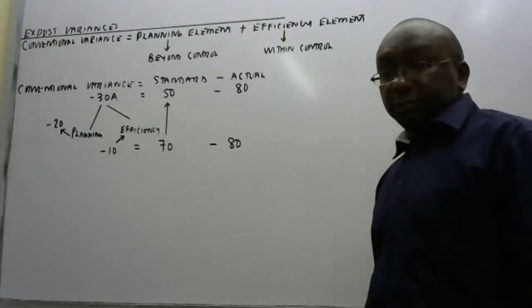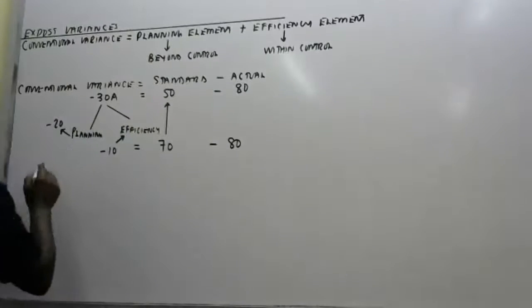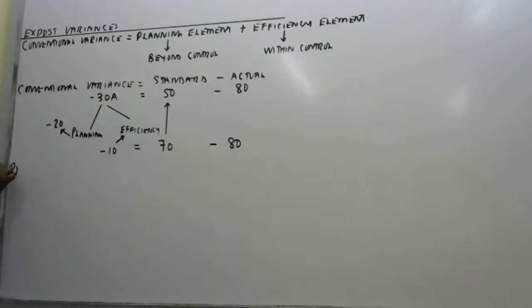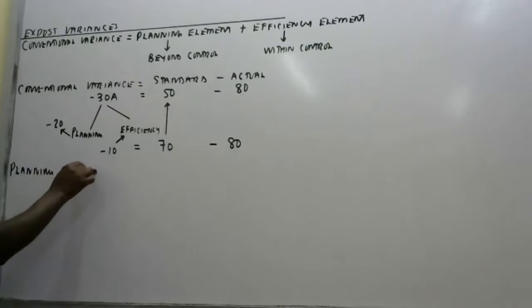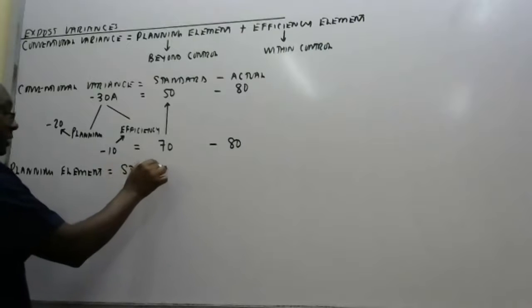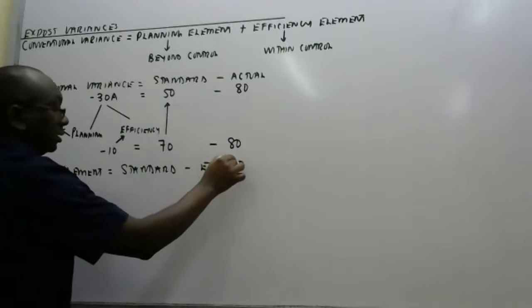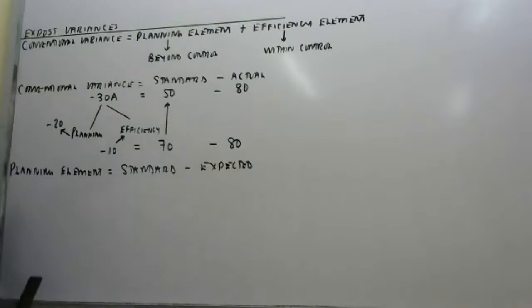So then, how do we compute the planning? So planning element, as you can see, is supposed to be computed as standard minus expected.